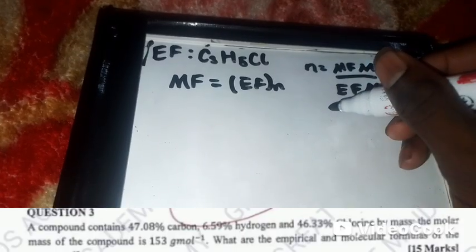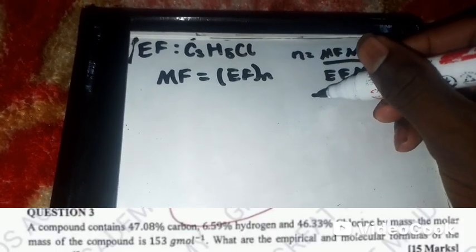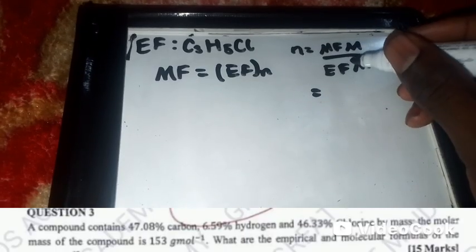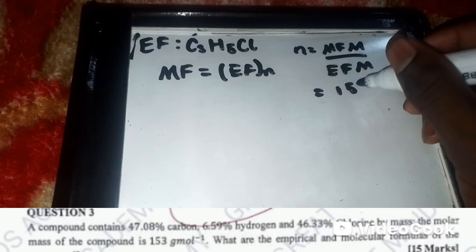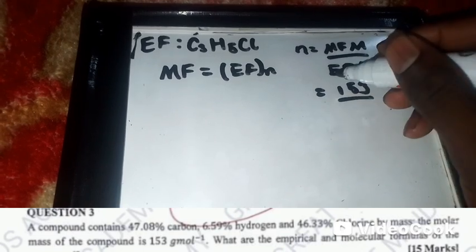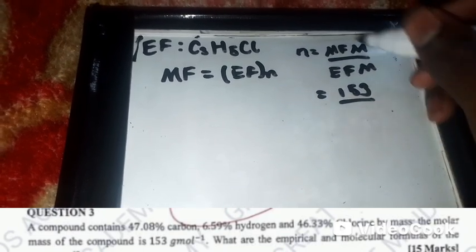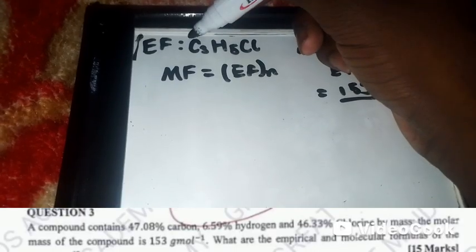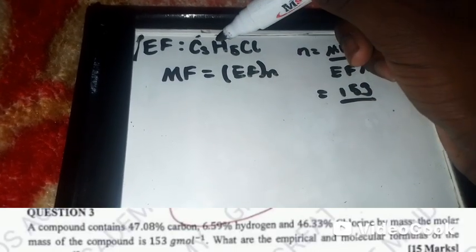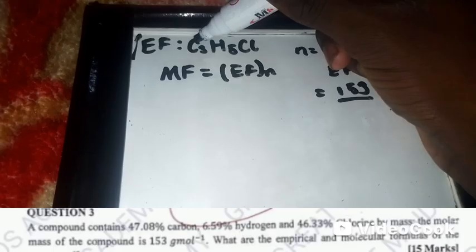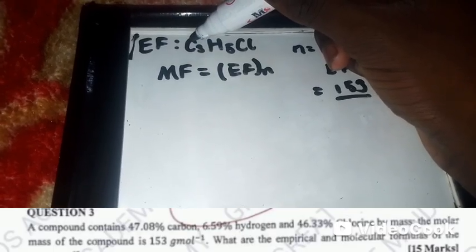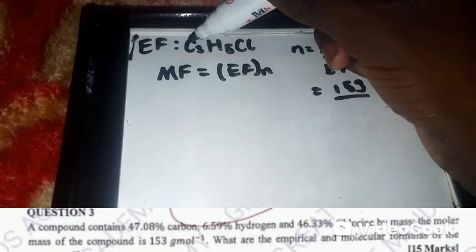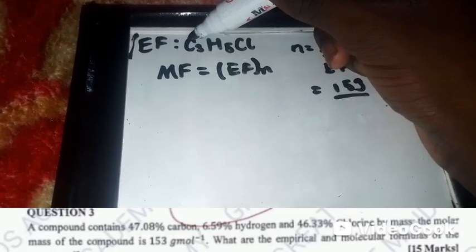So the molecular formula mass was already given in the question, and that was 153. Now, as for the empirical formula mass, we need to get it from our empirical formula. So that's going to be carbon, which has a mass number of 12.